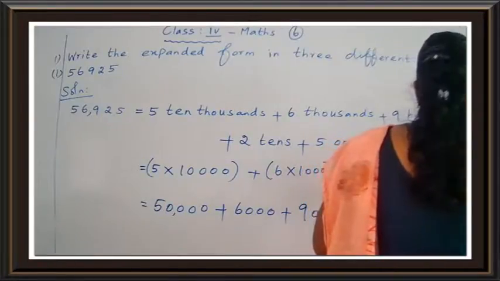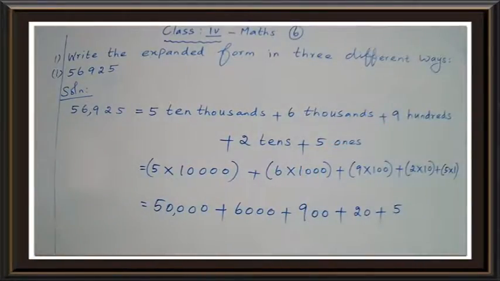So next, the third way, you write it. So we can expand the number 56,925 in 3 different ways. Okay, are you clear?